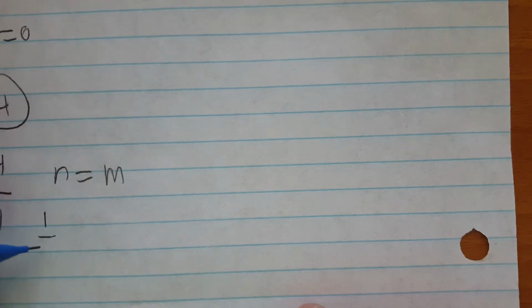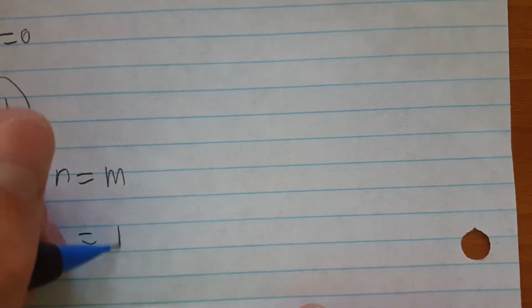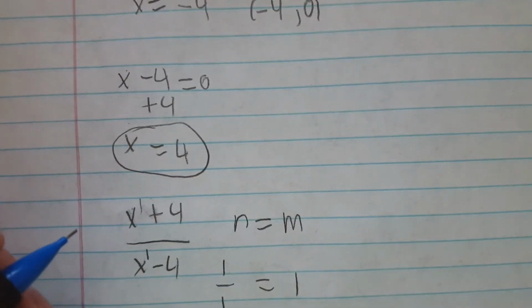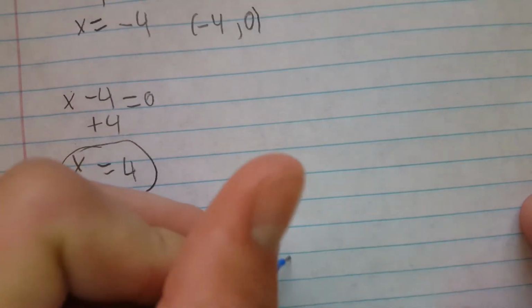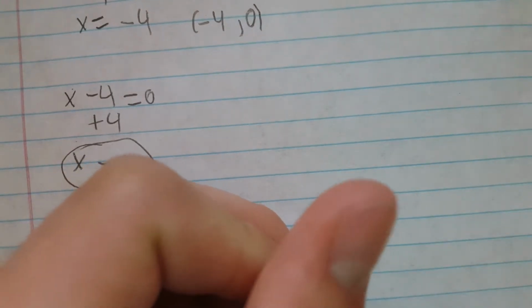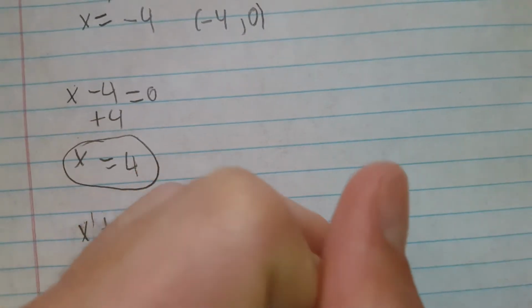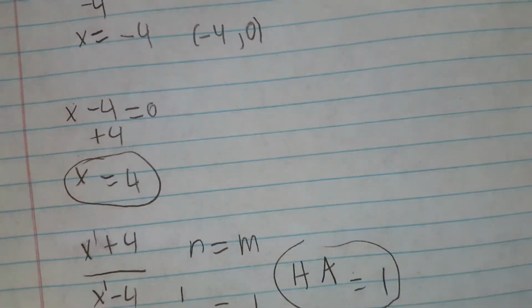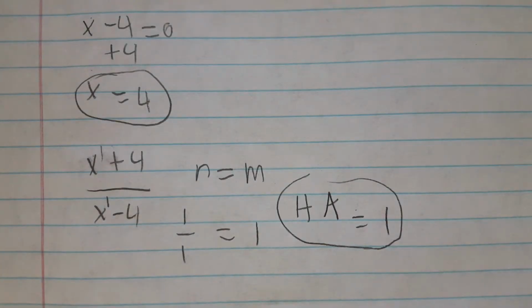So 1 over 1 equals 1. So that means we have a horizontal asymptote, HA, for horizontal asymptote, of 1. And vertical asymptote is represented by VA. And, well, now we can get to graphing.